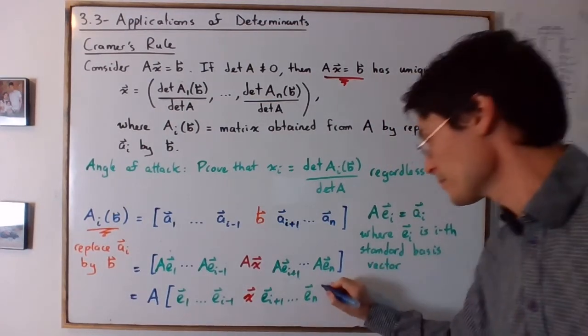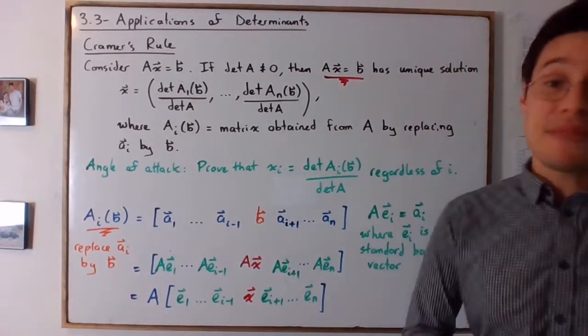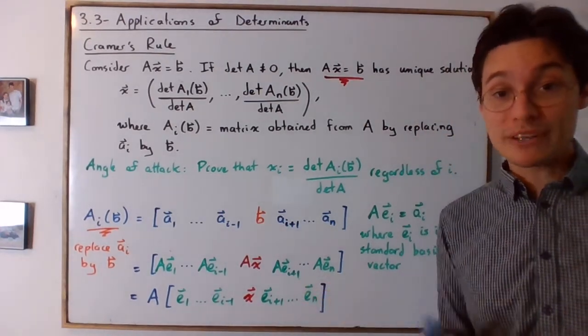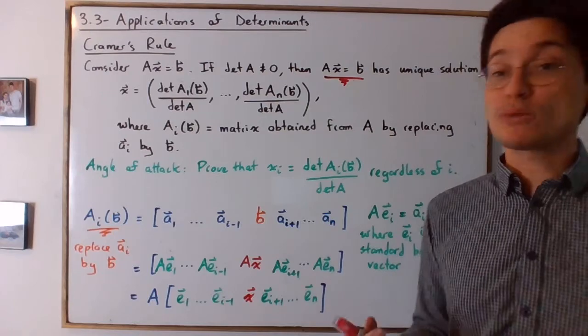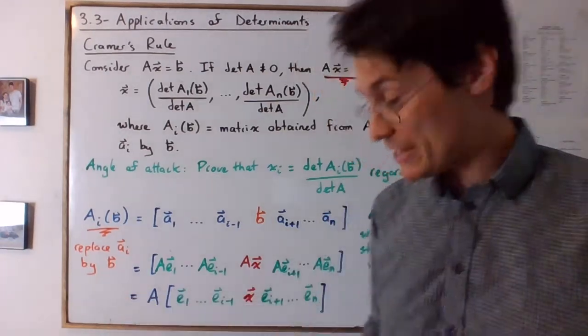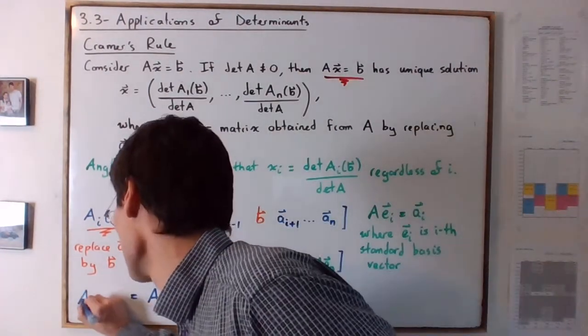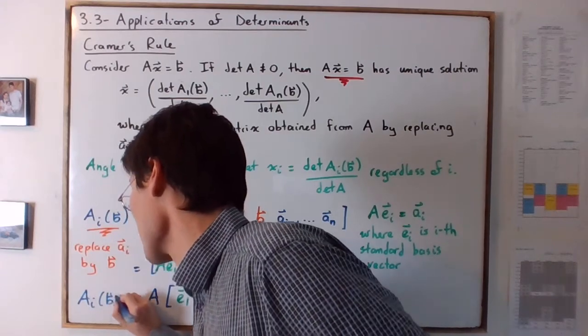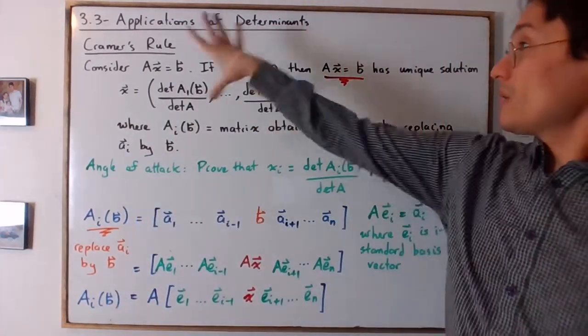Now we're taking the determinants on both sides. I remind you that what we have here is AiB. I'm just going to write it over here. So now let's erase this.